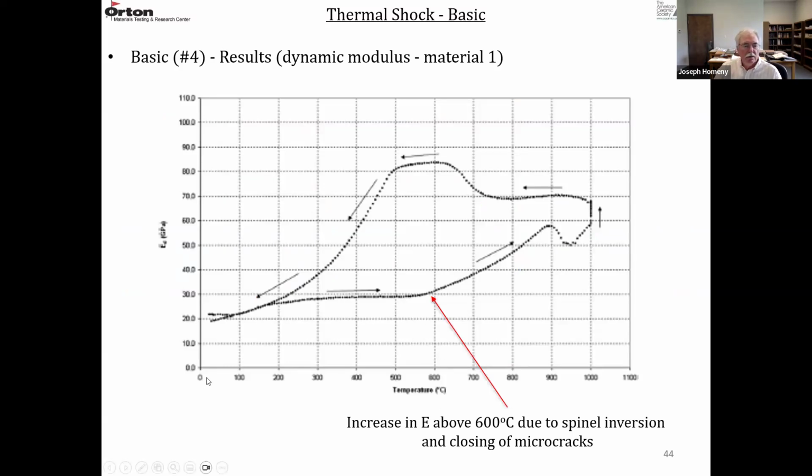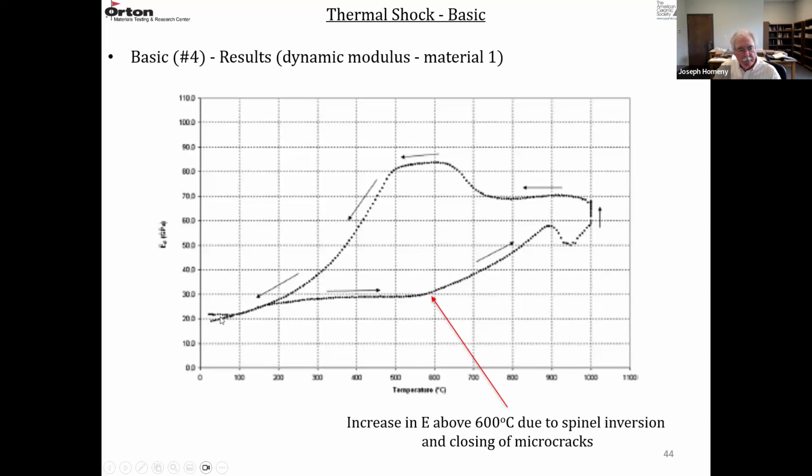So this is the dynamic modulus as a function of temperature. So E as a function of temperature, there's a heating curve and then a cooling curve. They measured it on heating and cooling by resonance technique.